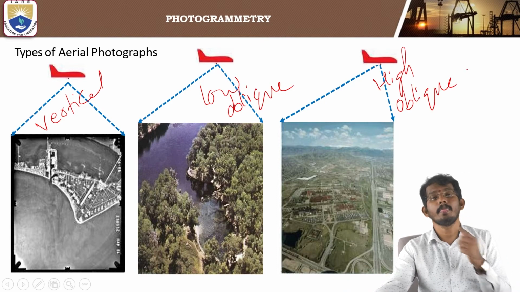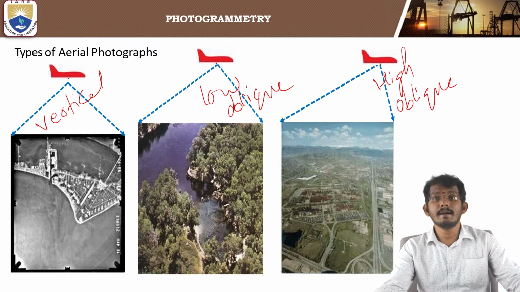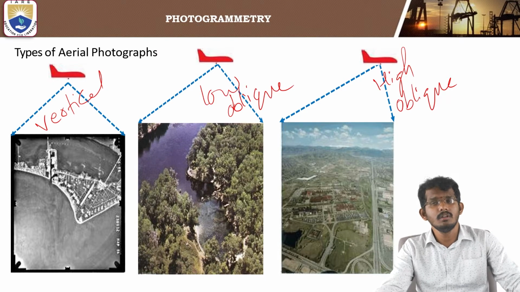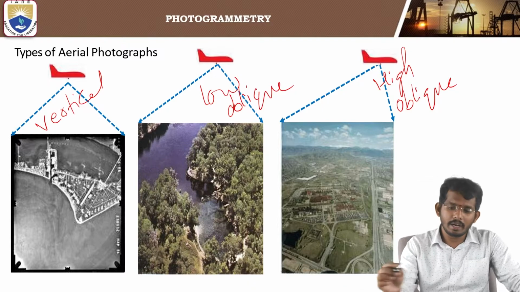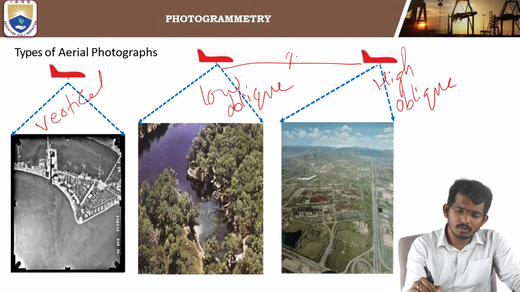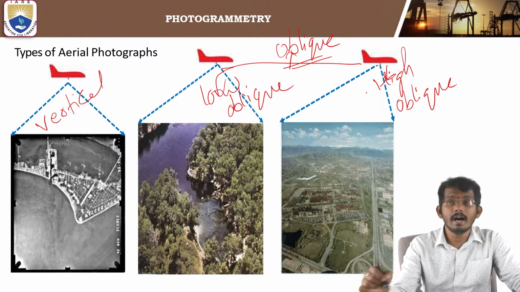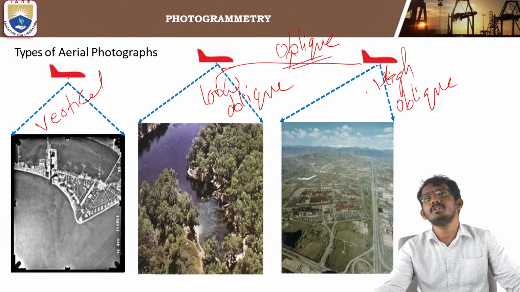Based upon the camera axis, we classify photographs into two types: vertical and oblique. Again, in oblique we have two types, low oblique and high oblique, based upon the camera position.